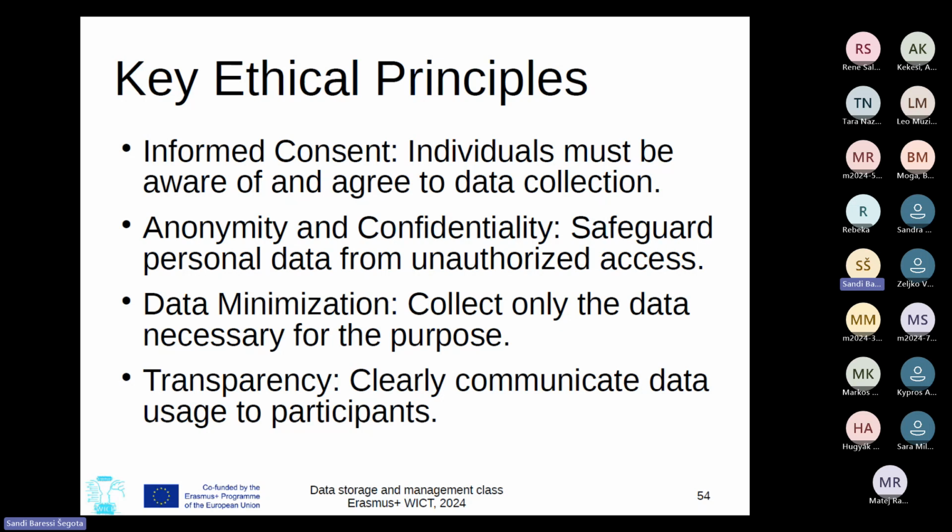Then we have data needs to be anonymous and confidential. Anonymity means that the data doesn't have a name, an identifying number, address, personal identification number, your ID number, anything like that.